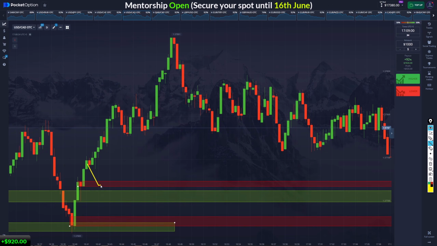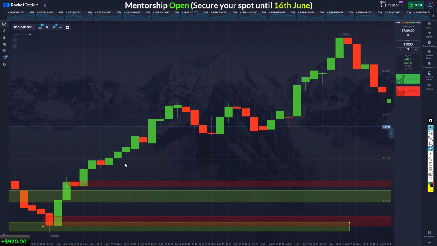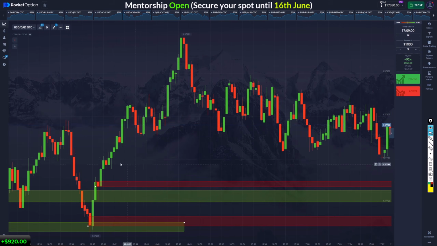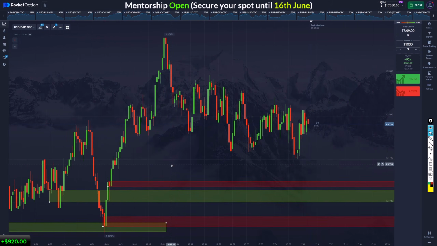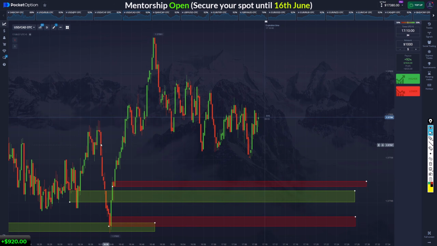No, they have not been touched before. So it's fresh. But what about this one? If we draw a zone here, has this been touched before? Yes, it's been touched before. You see this shadow? It has gone through that and then it went up. So it's not fresh anymore. Okay, this is what we mean by fresh supply and demand.